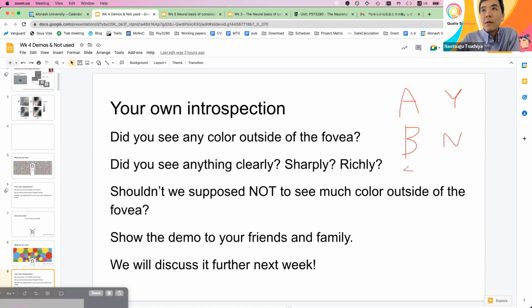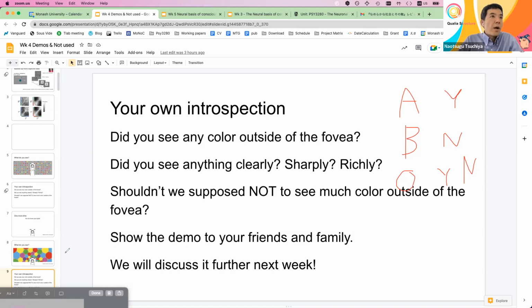And other is yes in one case, but no in the other case. Is the question clear?